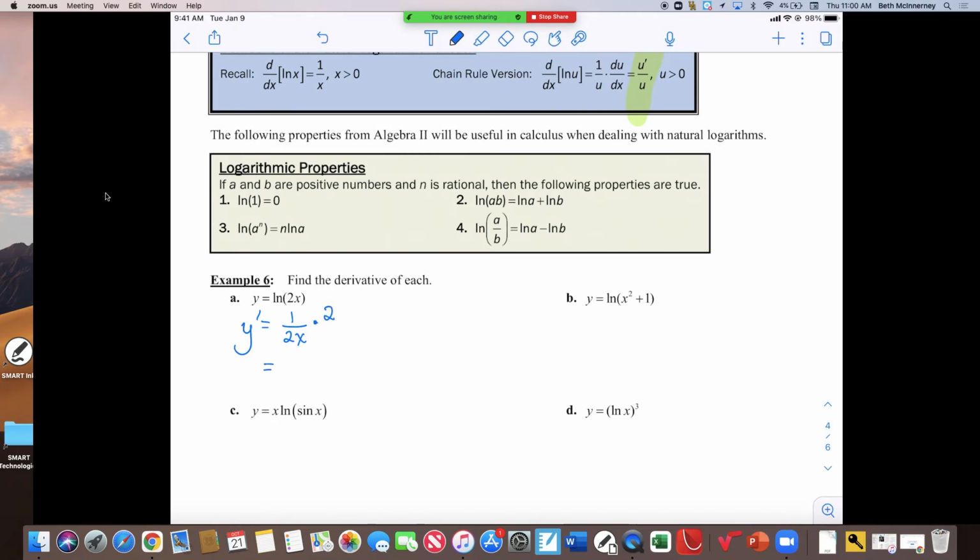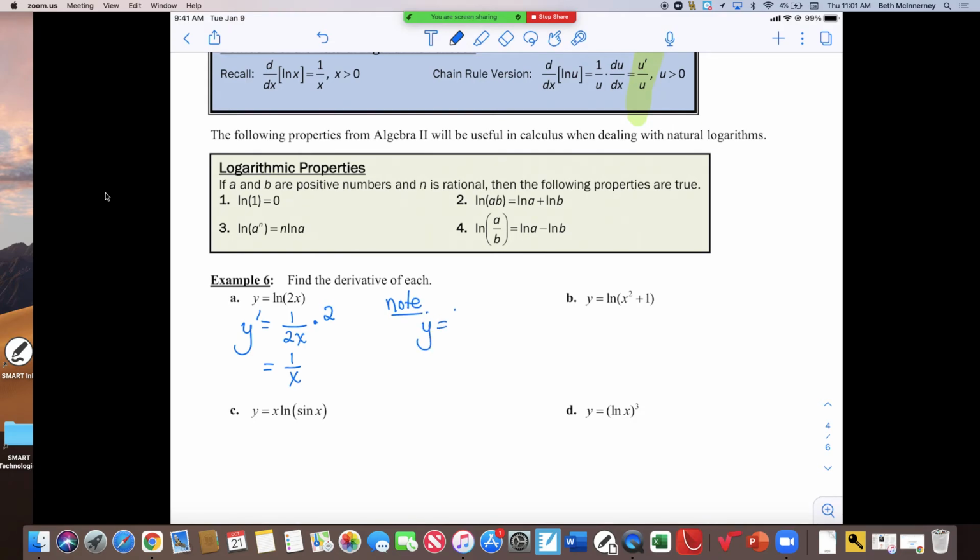Well, what happens here? How does that simplify? Just 1 over x, right? Because the 2's cancel.